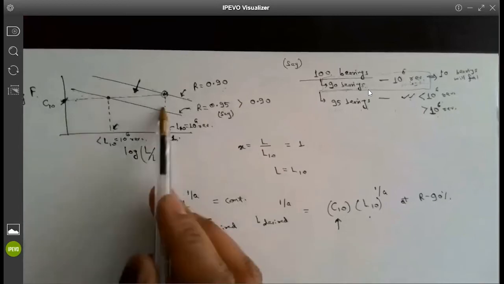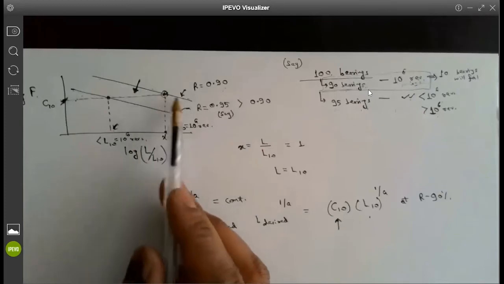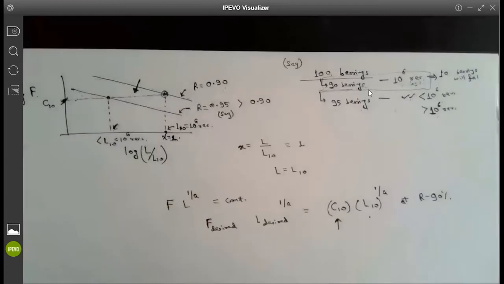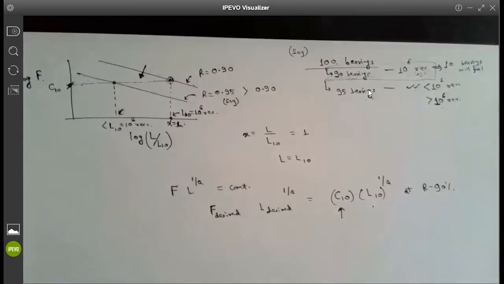Reliability of 95% is always less, so this line is lying below this line. I'm just trying to make sure that you understand the concepts behind these specific expressions and what the parameters actually mean. So again, let me know if you guys are following it or not.